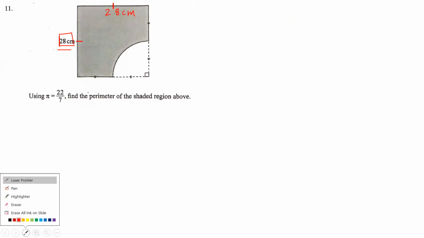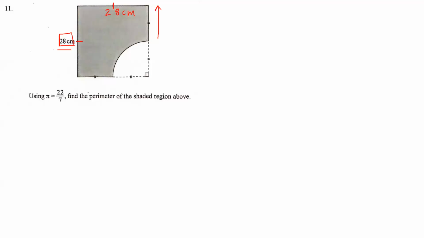So altogether, the entire length is going to be 28 centimeters, right? So this one right there is 28 centimeters, okay? And then altogether, the length here is also going to be 28 centimeters.